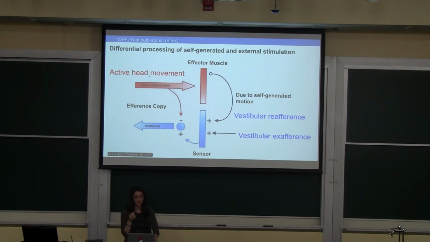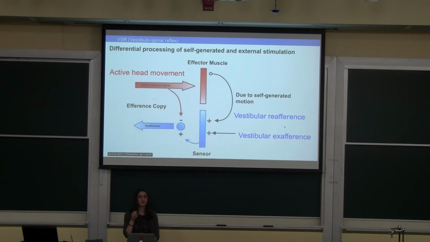So when you have a motor command signal, such as an active head movement, this is applied, and the signal is sent to the effector muscle. This is self-generated movement. This sends a signal to the sensor, which is the vestibular reafferents, because you actually initiated the motor command.